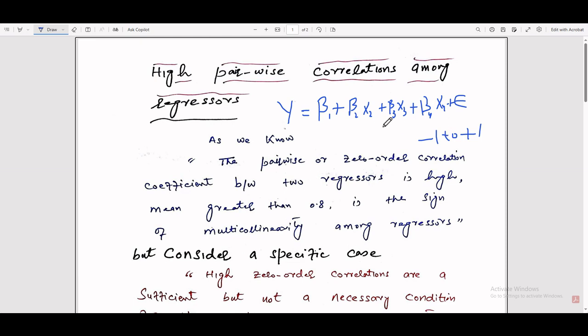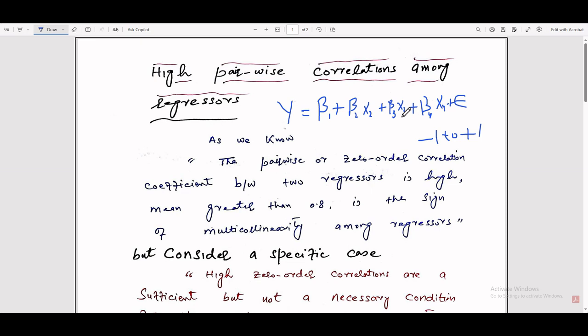But if we have more than two variables, more than two regressors or independent variables, like in this case, y is the dependent variable, beta 1 is the intercept term, and there are predictors x2, x3 and x4. In such a case, the condition that between two regressors the relationship is very high does not hold in each case.